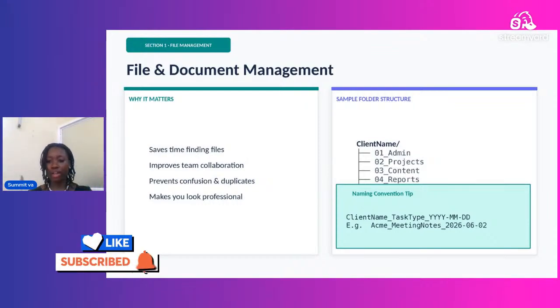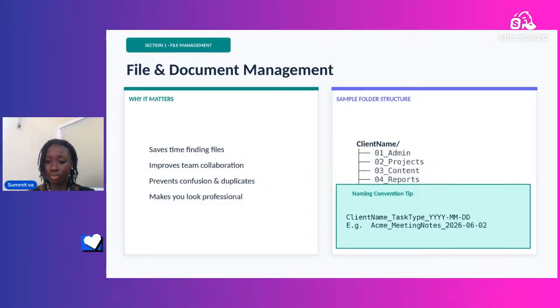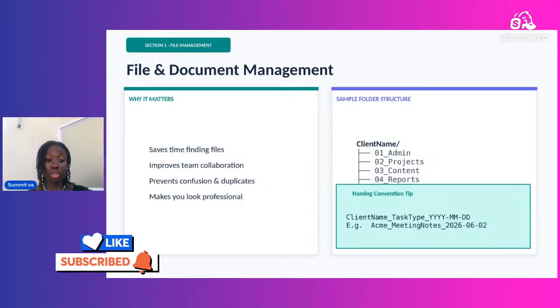Once you have it, it prevents confusion. For example, Acme ID underscore meeting notes, so we know that this is meeting notes. Then we can have the year as 2026, then the month, then the date. You get that? So that is how you structure your folder.